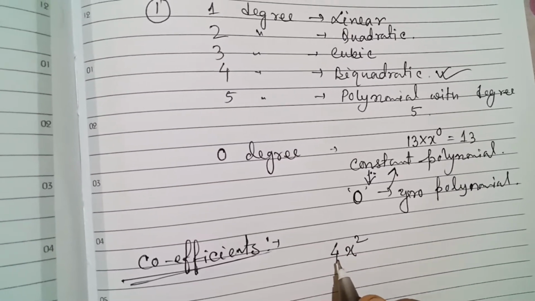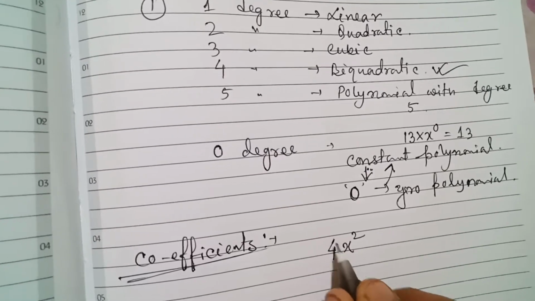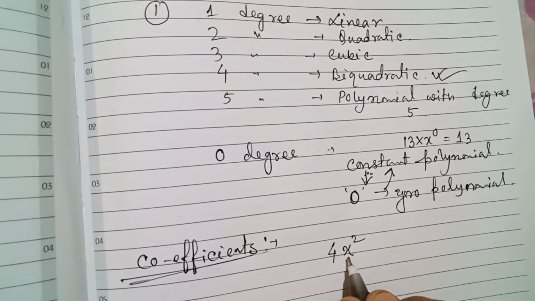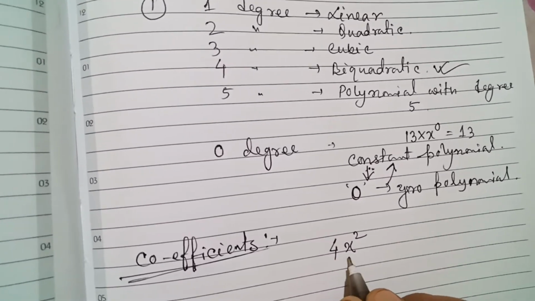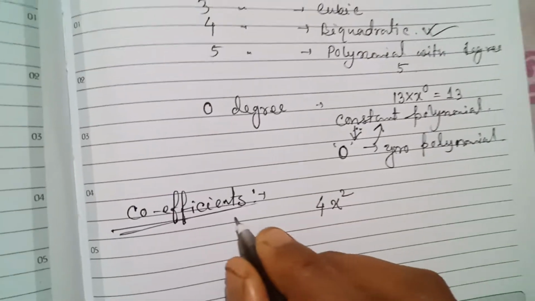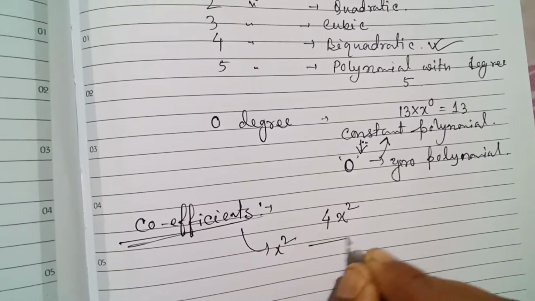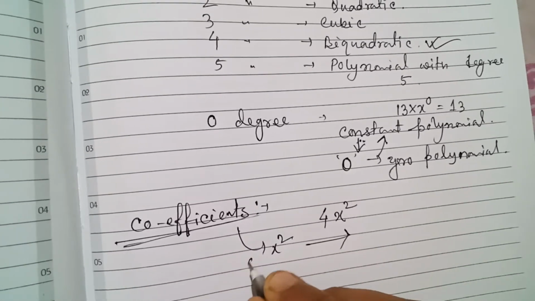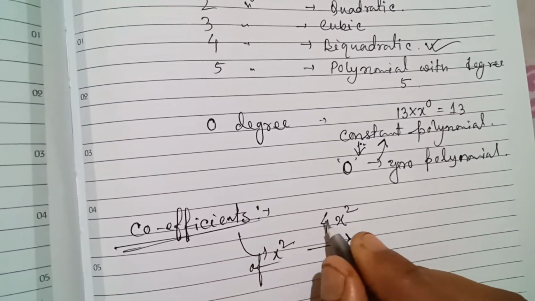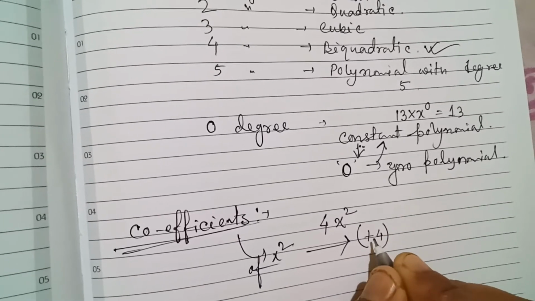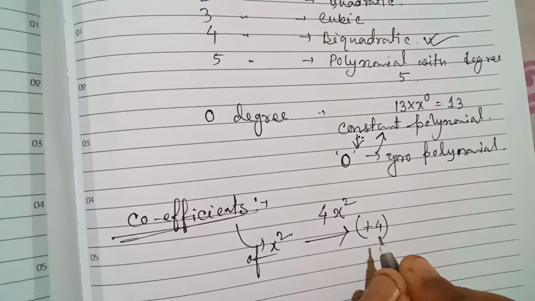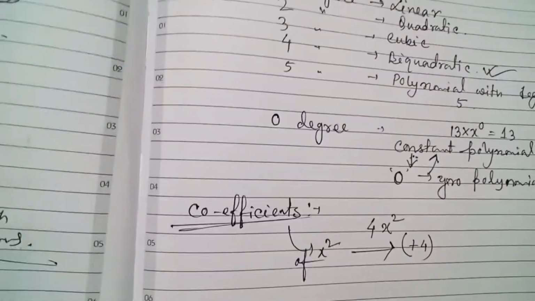That means the multiplier except the variable is called its coefficient. So if I am finding the coefficient of x square, here it will be plus 4. Obviously mention the sign when writing coefficients.